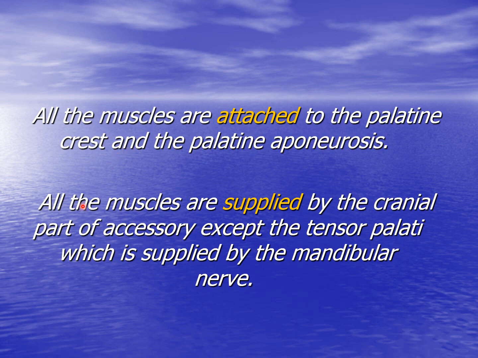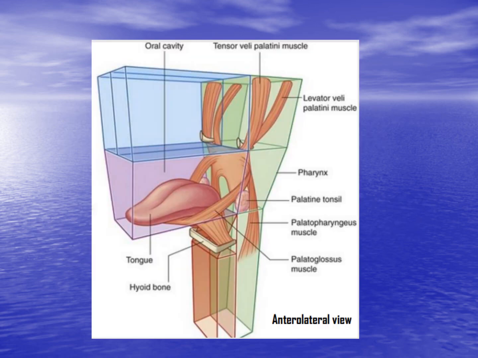So, all the muscles of the palate are supplied by the cranial part of the accessory nerve, number 11 cranial nerve, except the tensor palati which is supplied by the mandibular nerve.